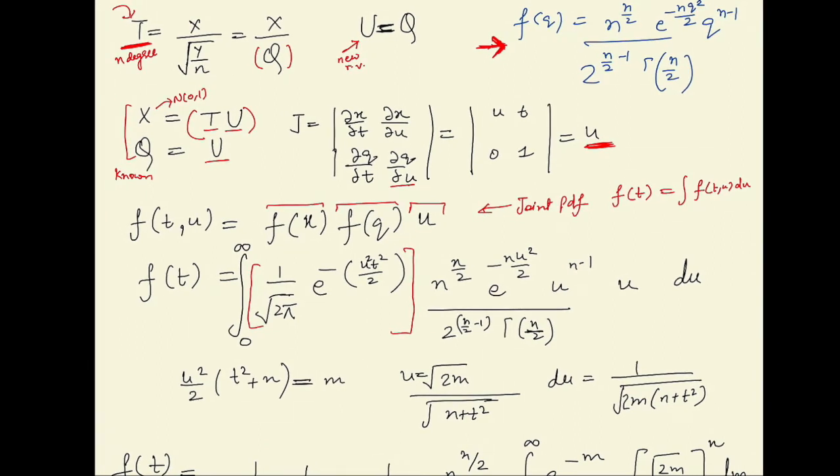And we have already calculated the PDF for fq, and we simply replace q with u as calculated here, and we get this expression. Finally, we multiply it with the Jacobian and we integrate this over the range of u, and since u is simply q and q takes values from 0 to infinity, the limits for this integration would be from 0 to infinity.